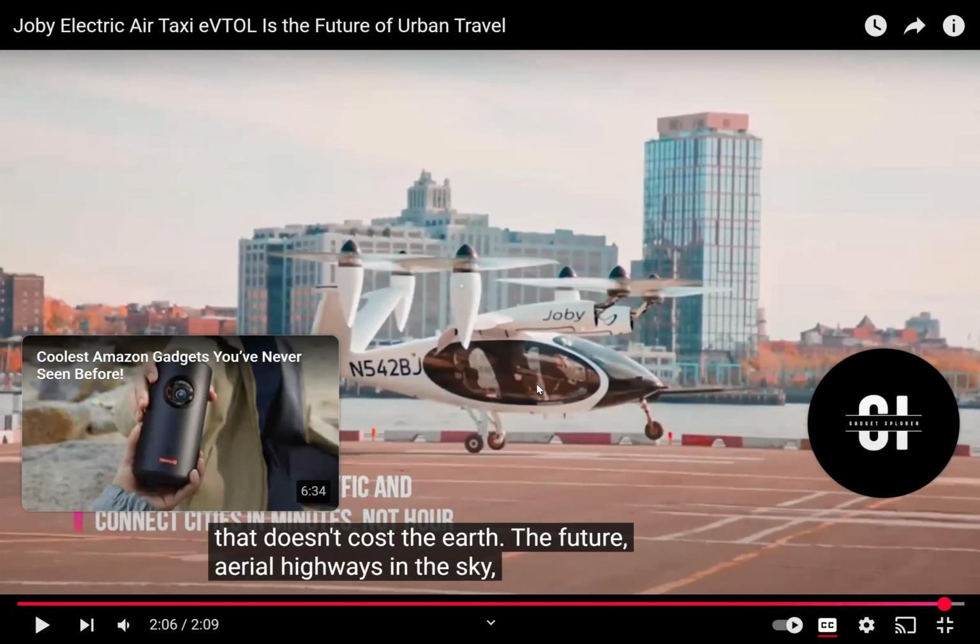Well, this is not a dream. This is a reality. Shifting from vehicle type transportation to an aircraft like the eVTOL is a reality. It's not a dream.